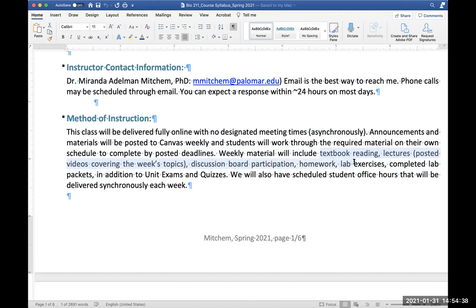You have at least one lab exercise most weeks, which you need to complete. And then you've also got your scheduled exams and quizzes. All of that is loaded up onto the course Canvas site for you. You do it and submit it by the due date that is provided to you. We will talk about the window that you're able to access exams and quizzes in a moment.